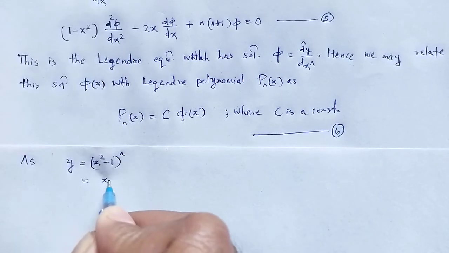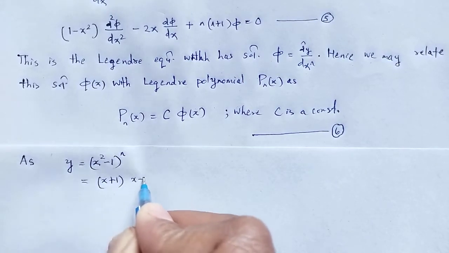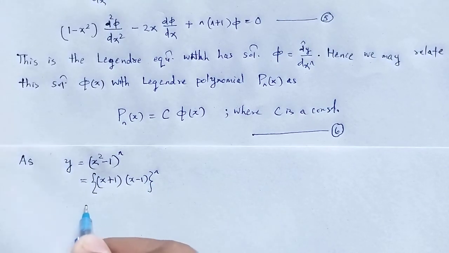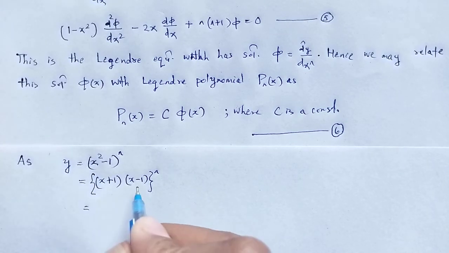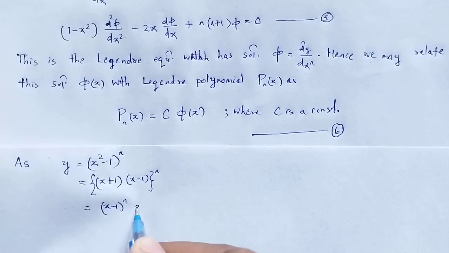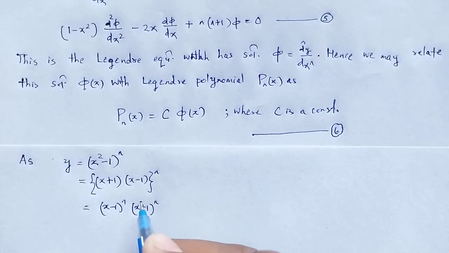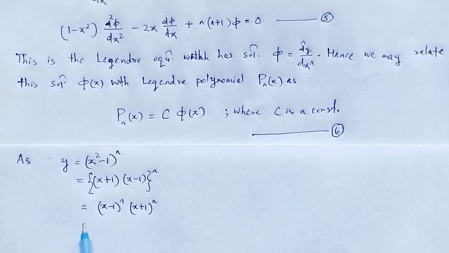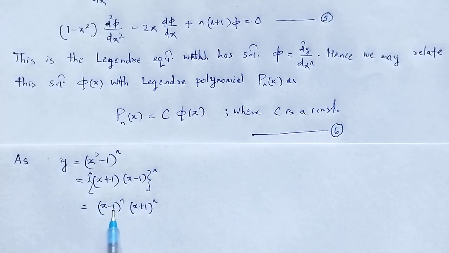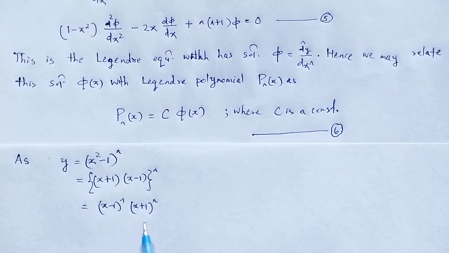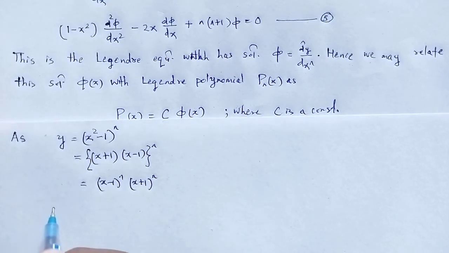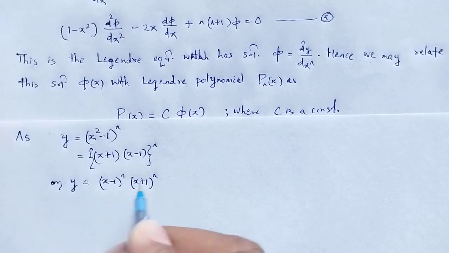That means that is (x+1)(x−1) to the power n. Therefore (x+1)ⁿ (x−1)ⁿ, or we can write (x−1)ⁿ (x+1)ⁿ. Now we have to differentiate both sides n times, where we have y is equal to this much.